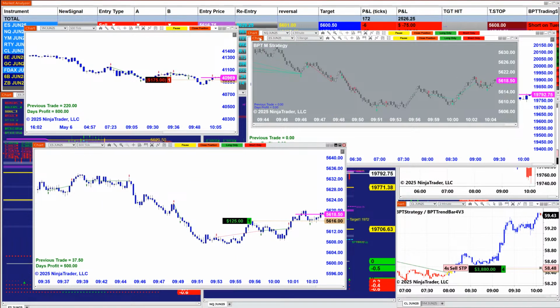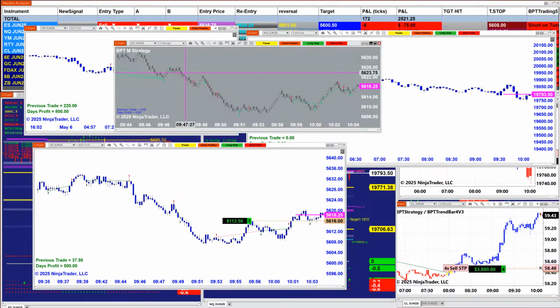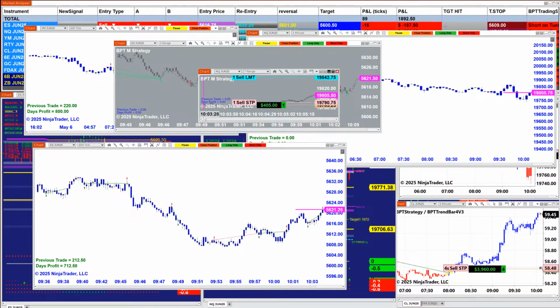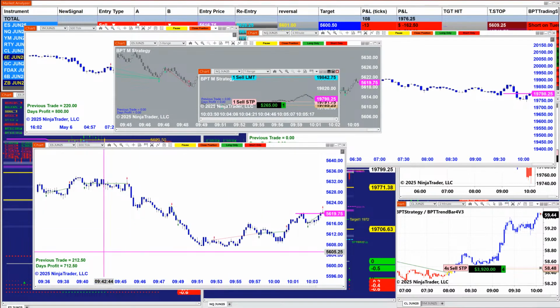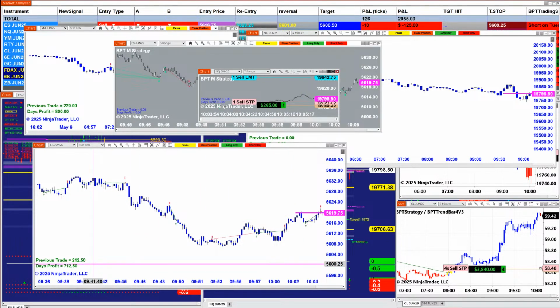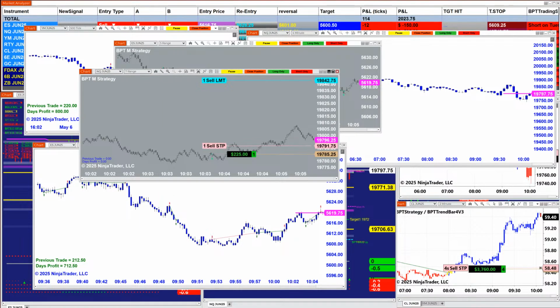So it is very easy. It's not as fast as this one here. This one here is extremely fast, and you can see he closed the trade in front of you. It was $212 on that trade.